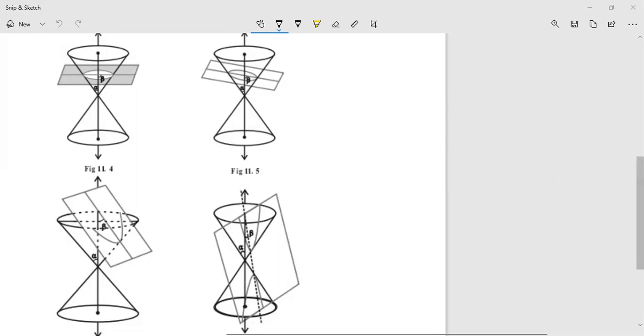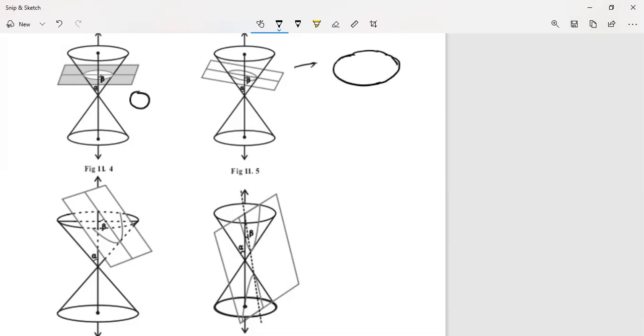In the first case, you will get the section as what? A circle. The diagram will be a circle. In the second case, when beta is not 90 degrees but more than alpha, the section of the plane and the cone will be an ellipse.